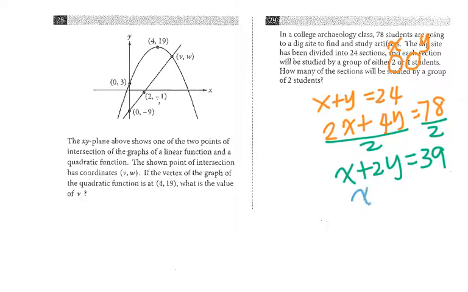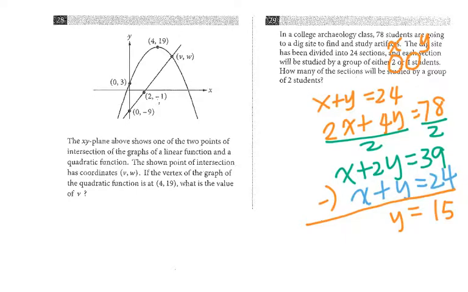And I know x plus y equals 24. So I can do subtraction here. So that you can get y equals 15. So x equals 9. 9 will be the answer for how many groups of 2 students.